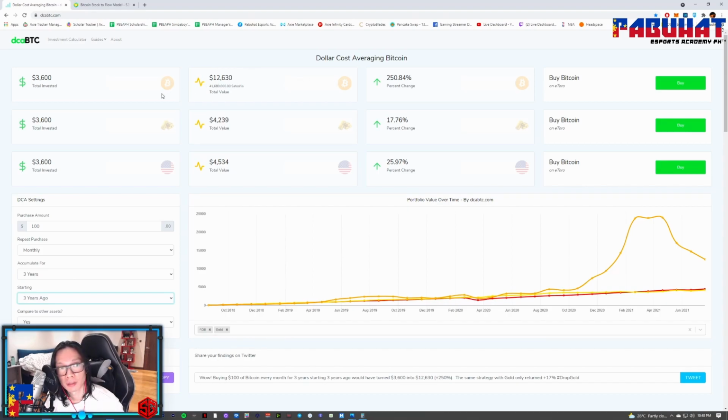So we can compare total invested in Bitcoin, lahat naman pareho, Bitcoin, gold, and USD. Fix naman in gold, nagiging 4,239 lang, USD 4,500. For the past 3 years, nag-outperform yung USD kasi gold, but the best among the 3 would be the first investment.